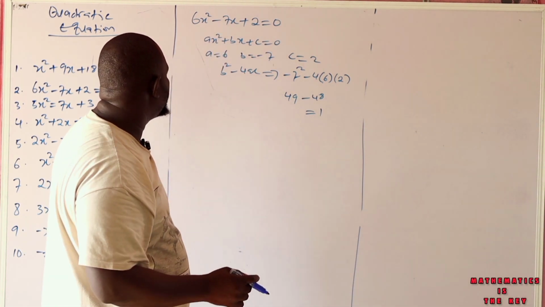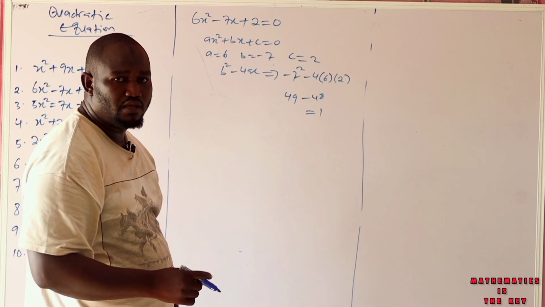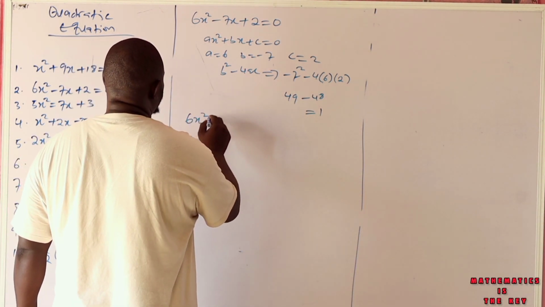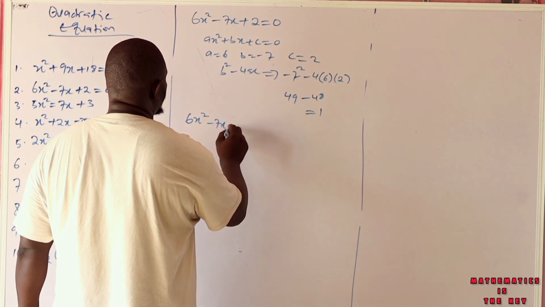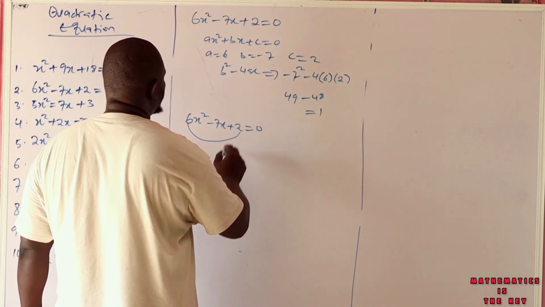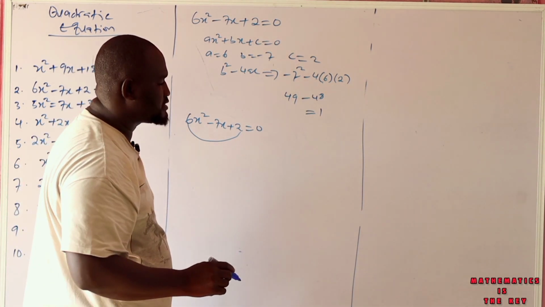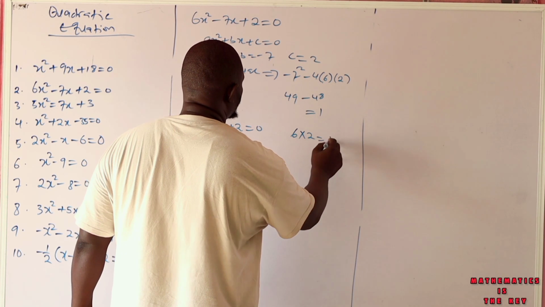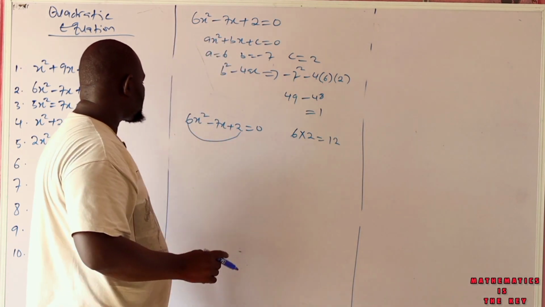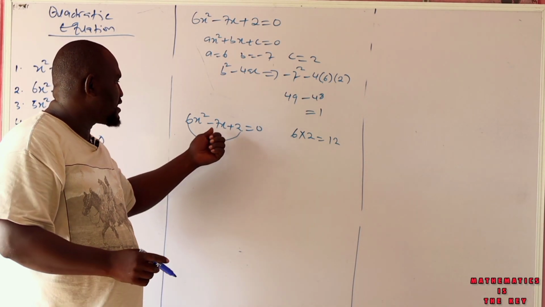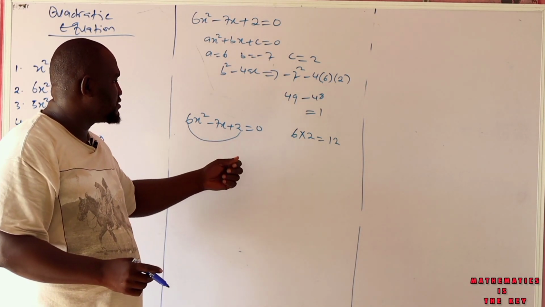This signifies that this particular equation can be solved using the factorization method. So having 6x squared minus 7x plus 2 is equal to 0, the first thing is to multiply the coefficient of x squared with the constant term. That is 6 multiplied by 2, and the result is 12. We'll think of two numbers that multiply to give us 12 and add to give us minus 7.